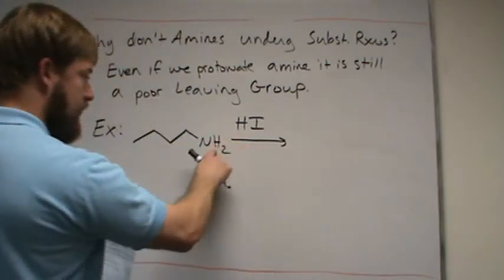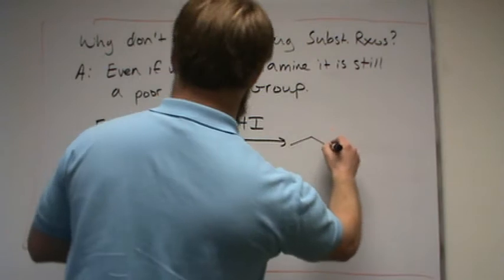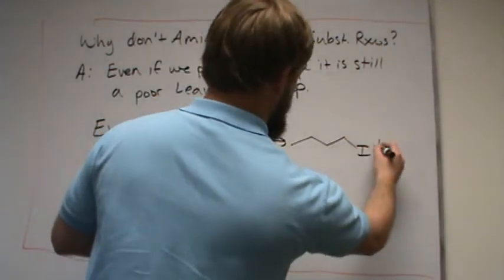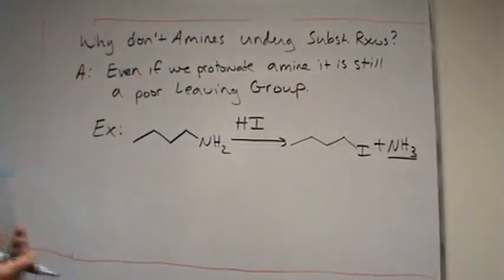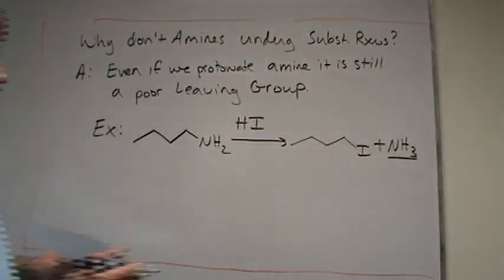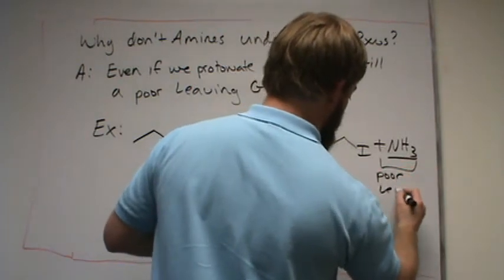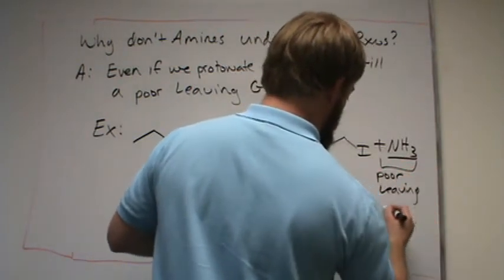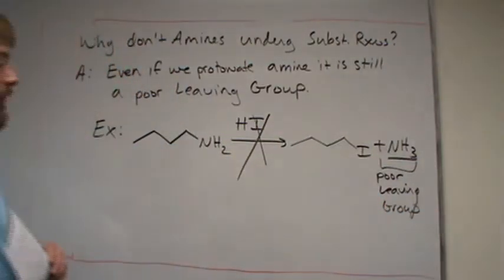So protonate the amine, iodide would attack to give me the substitution product plus ammonia, NH3, as my leaving group. This is a very poor leaving group. This prevents the reaction from happening.